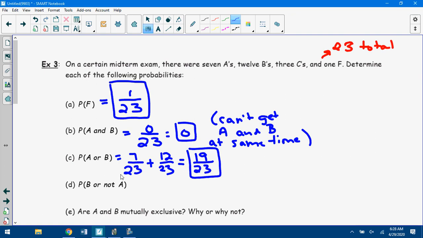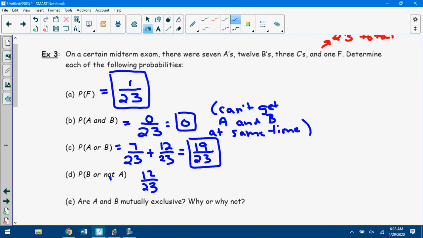Probability that it's a B or not A. Okay, well, a B is 12 out of 23. Now, not A does have an overlap with B because B is part of not A. So keep track of what you're doing. So not A means B, C, D, or F. But I don't need to count the B again because I already did that.